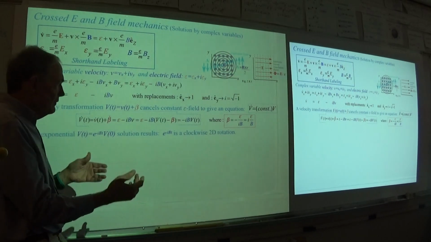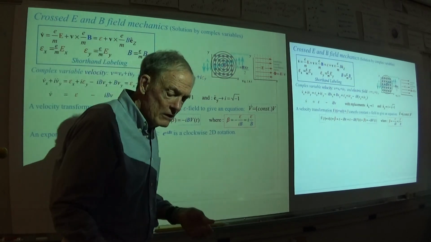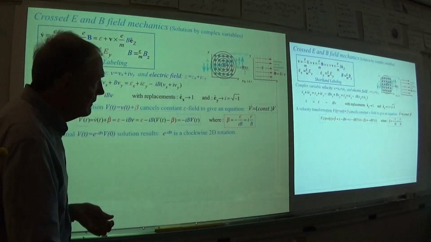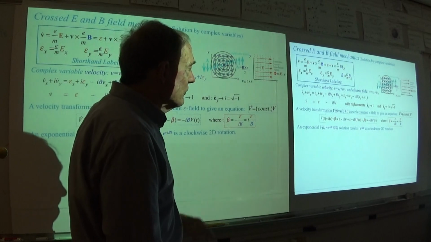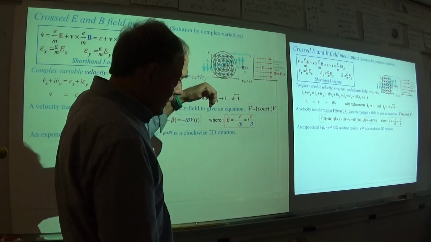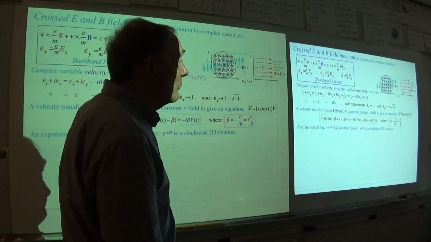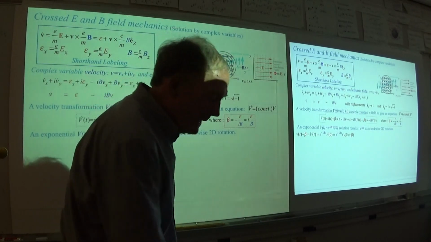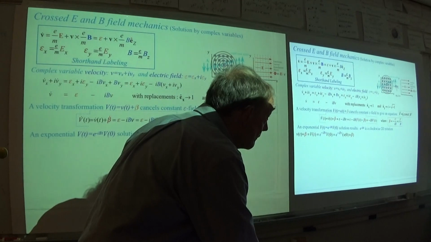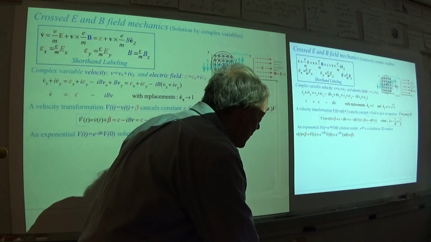That's going to be my solution, really, up to this crossed electric and magnetic field problem. Okay, and with a minus sign, it's a clockwise, left-handed, 2D rotation. Everything's 2D here, x and y. Okay, so this is what we get from that.